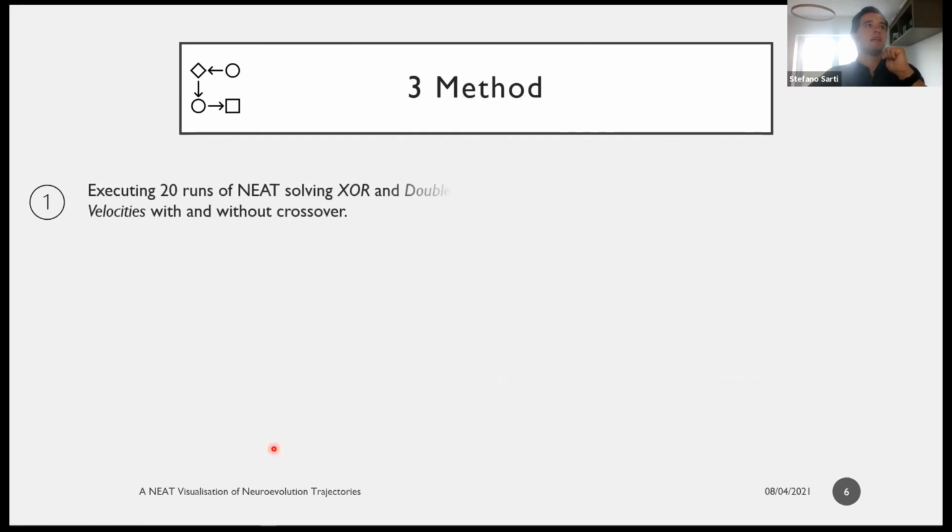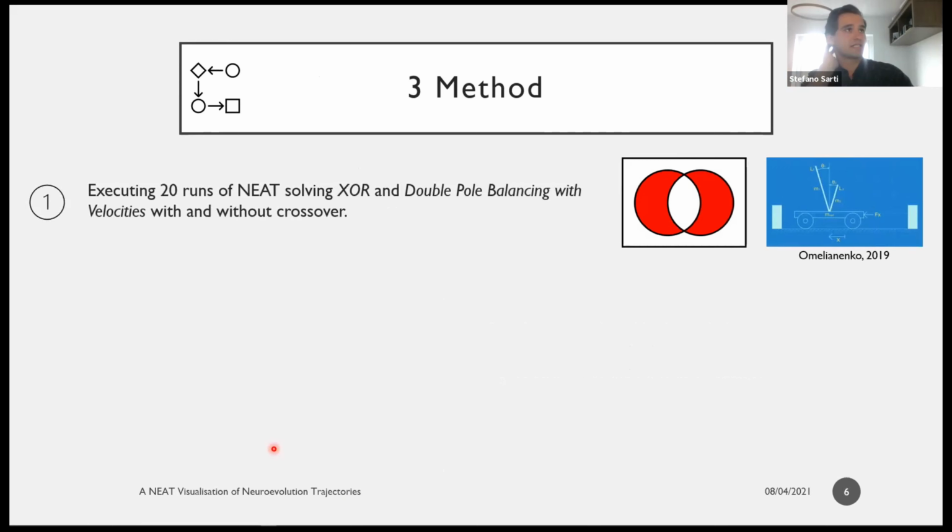So the method that we've utilized: we started off by executing 20 runs of NEAT, solving XOR and double pole balancing. These were both domains used in the original NEAT paper.